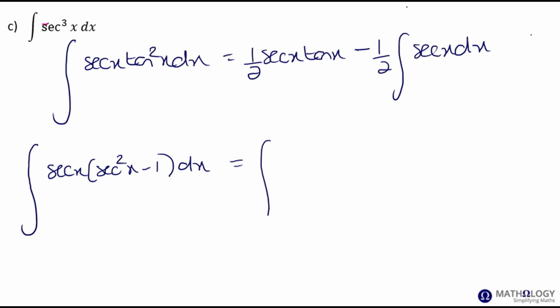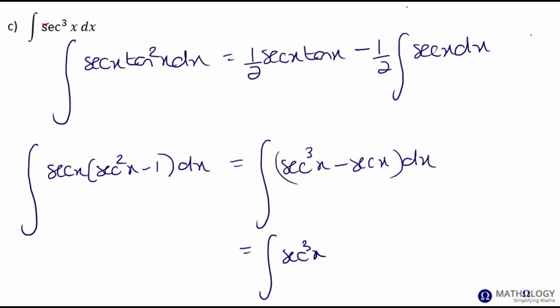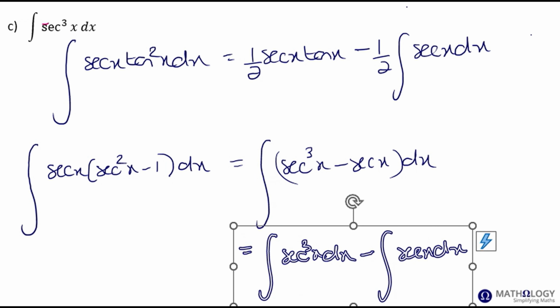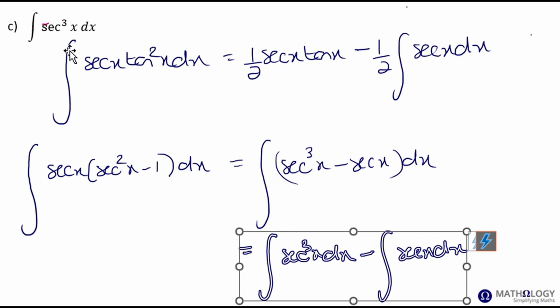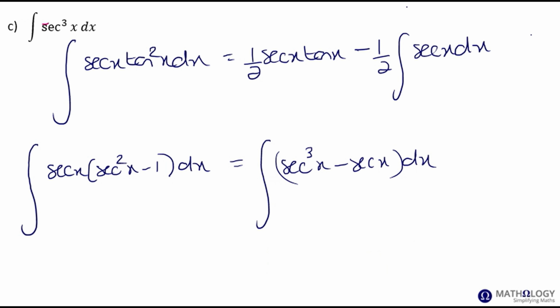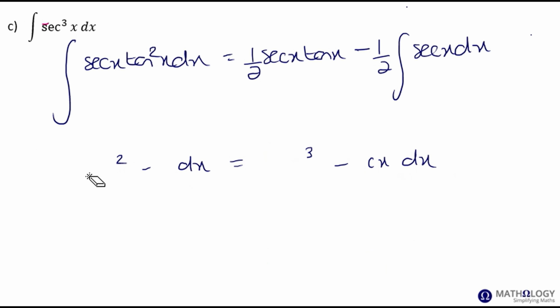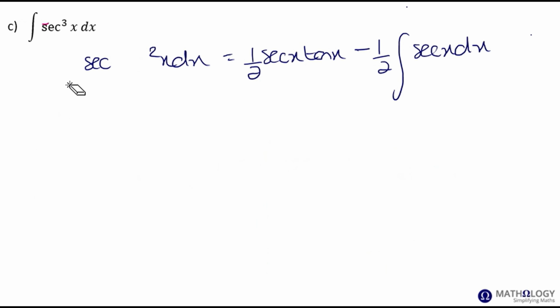So this will be the integral of sec cubed x minus sec x dx, which we're going to write as two separate integrals, the integral of sec cubed x dx minus the integral of sec x dx. So this we're going to put in place of the left hand side.